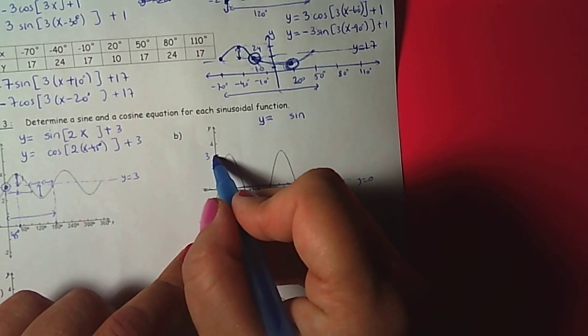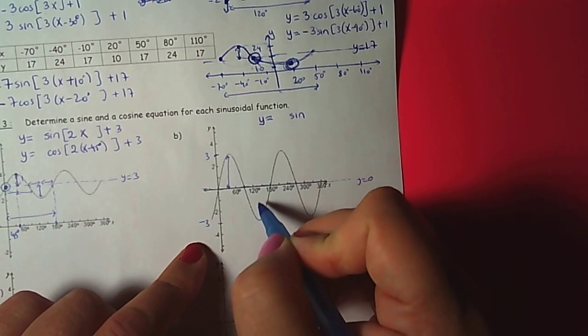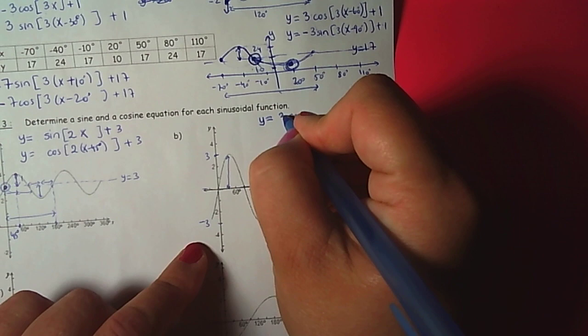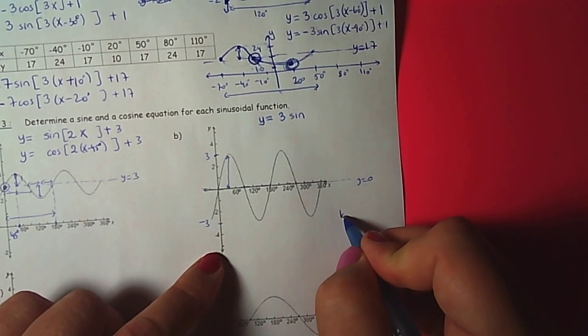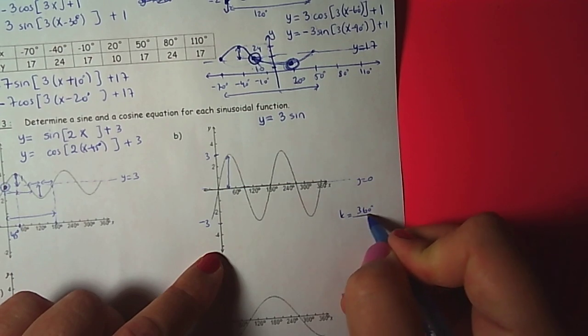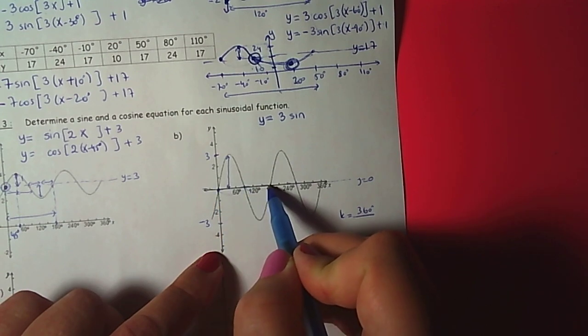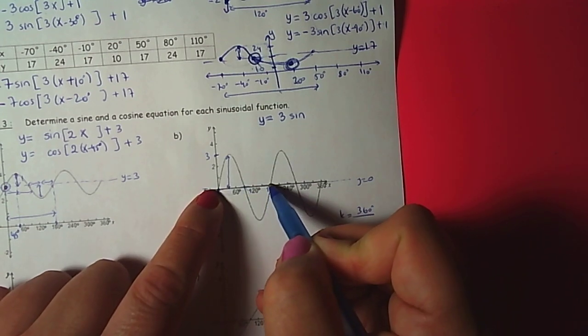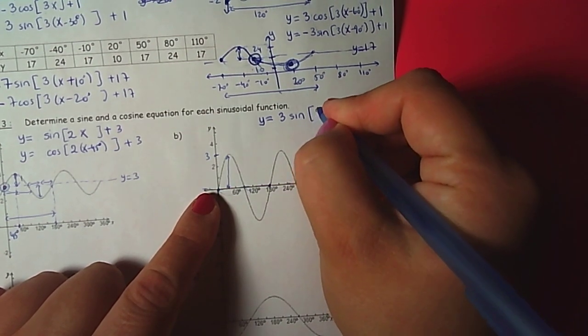Then A value is the distance from the equation of axis to the maximum or to the minimum. That is 3 units. 3. Then let's look at the k value. K value is 360 divided by the period. For this one, we can start from a 0, go to the second 0. So it looks like 180 is 1 period. That gives us k being 2.